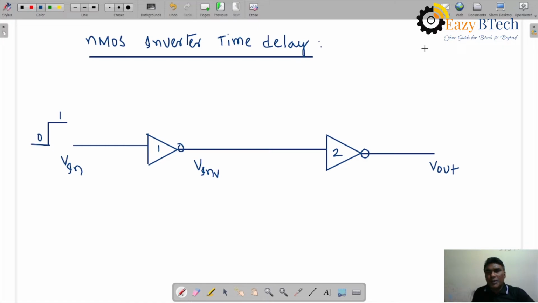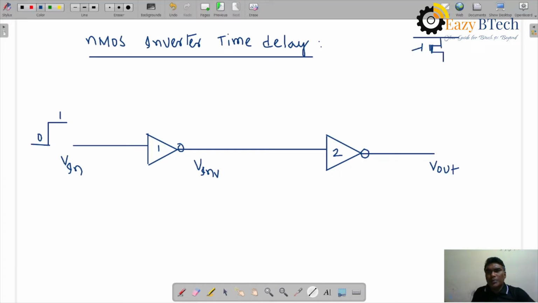Let us take the NMOS inverter, and we know the NMOS inverter, right? One is a depletion mode transistor, the pull up is depletion mode.